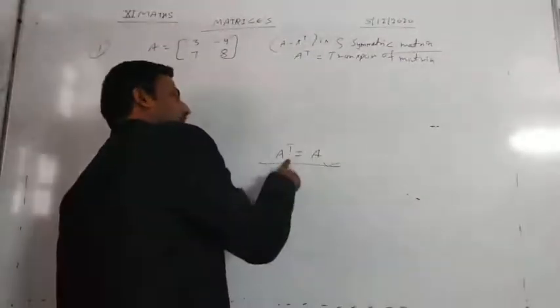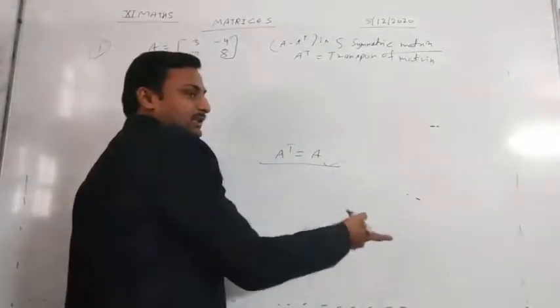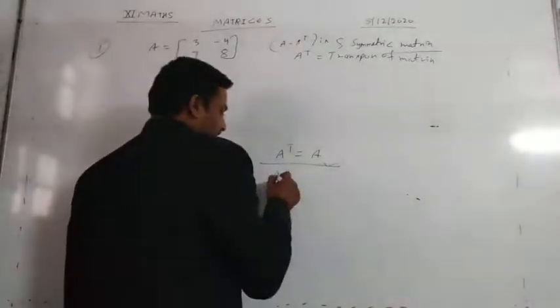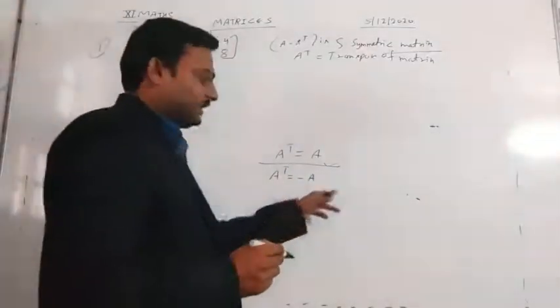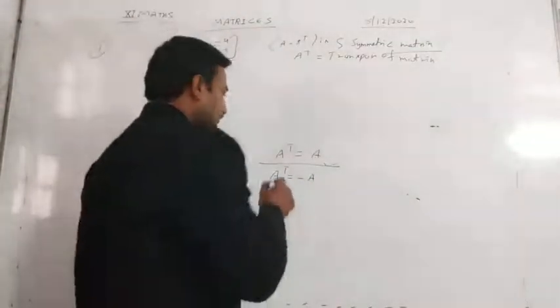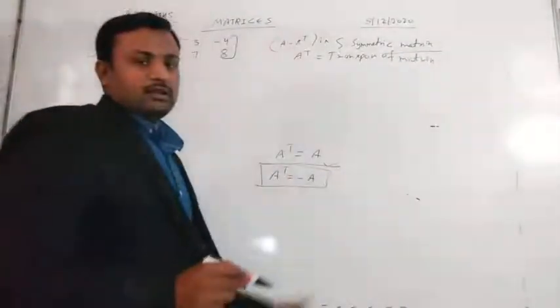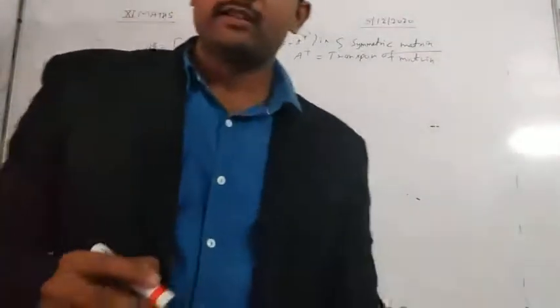If the transpose of A is equal to minus A, then we can say that A is a skew symmetric matrix.